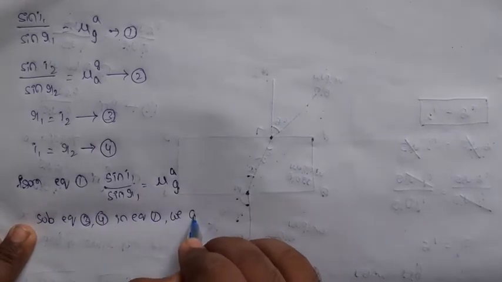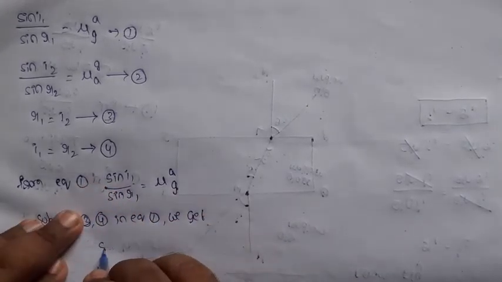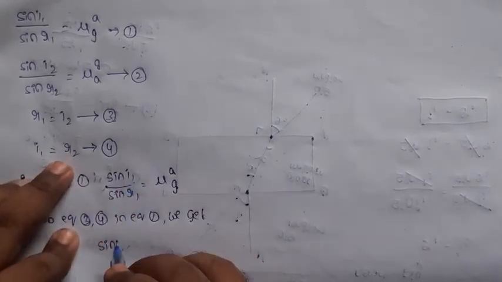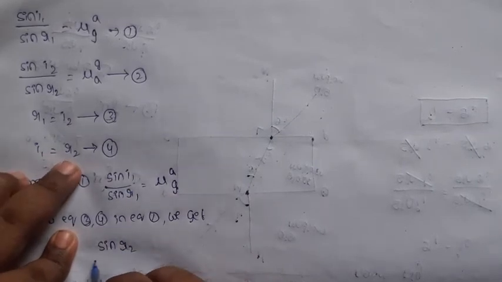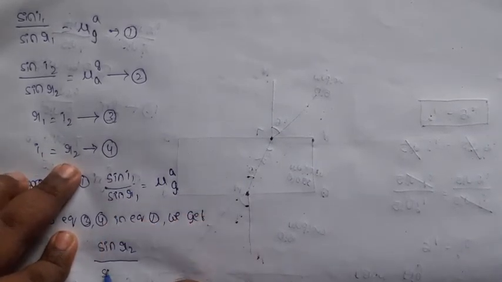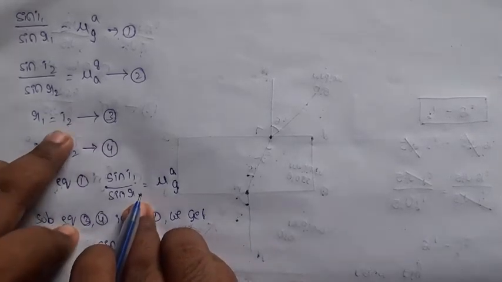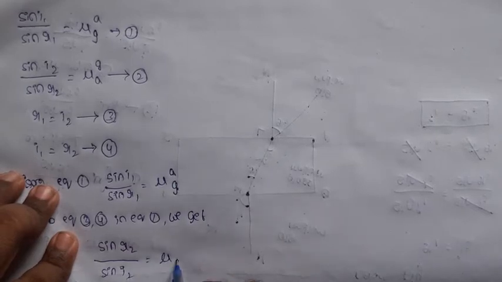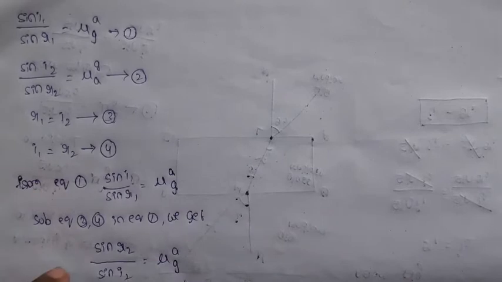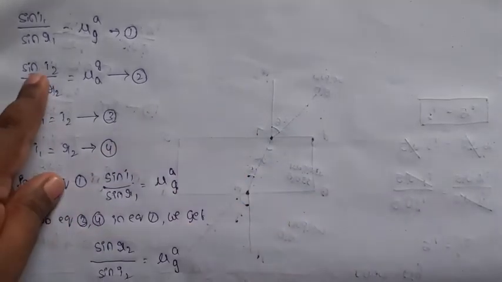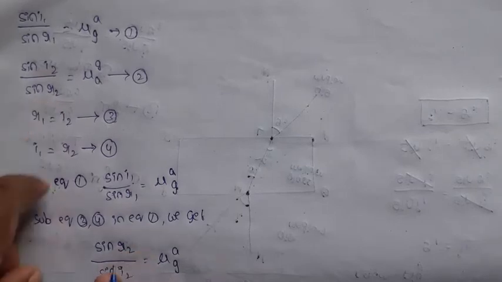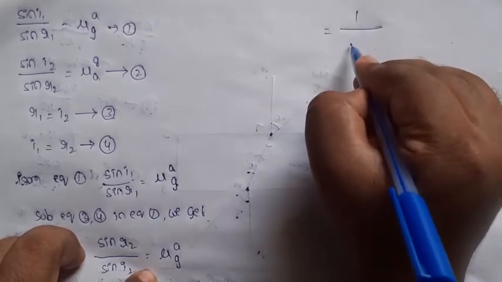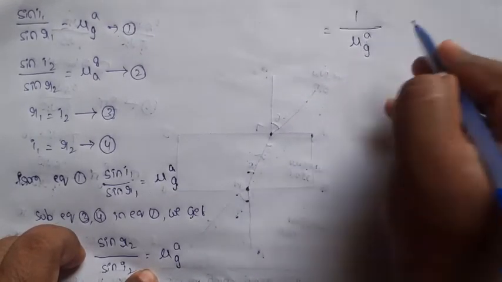What do we get? Sin I1, meaning R2, by sin R1, substituting I2, equal to mu AG. Observe here, equation 2 is sin I2 by sin R2. Now taking the reciprocal of the equation, means 1 by mu GA, what we write?